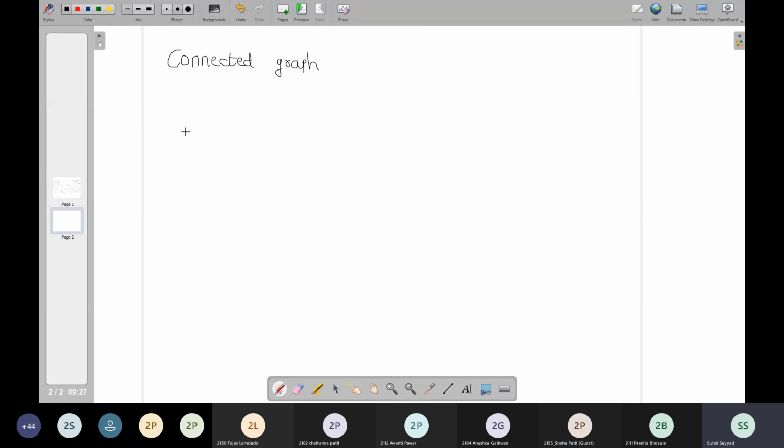See, my dear students, here I am constructing one graph for you. These are my vertices. I am constructing a few edges over here. Now, I am claiming that my vertex set V is 1, 2, 3, 4, and 5.